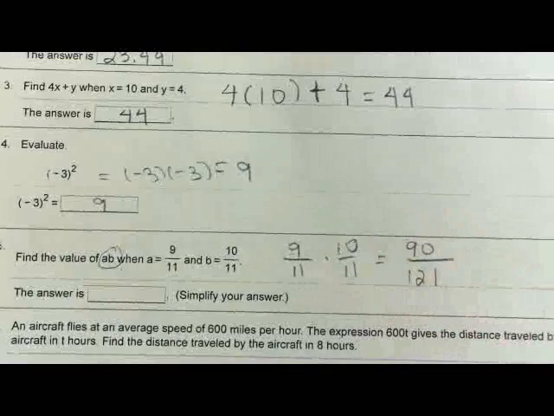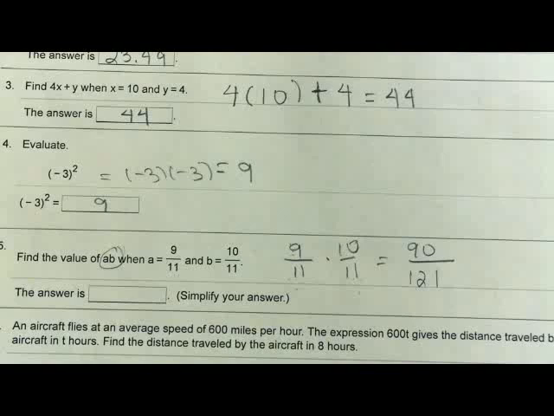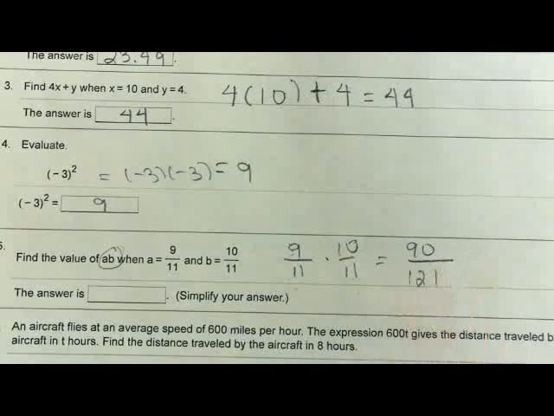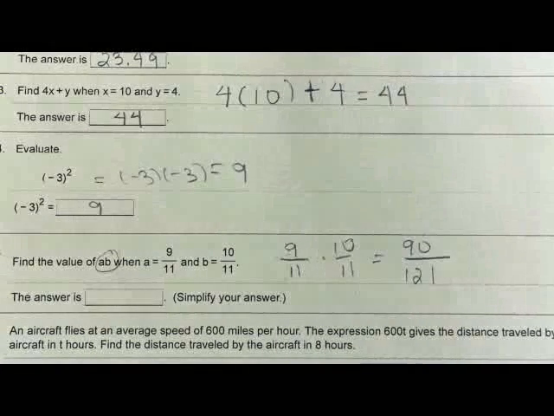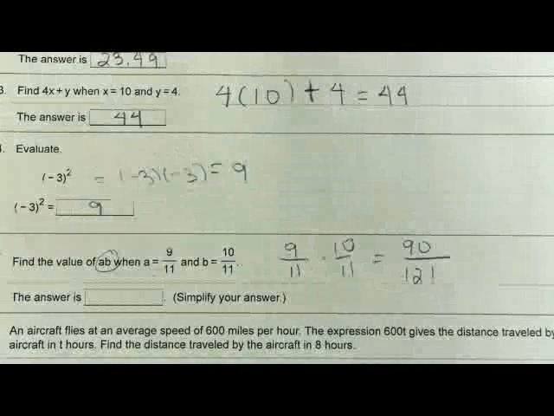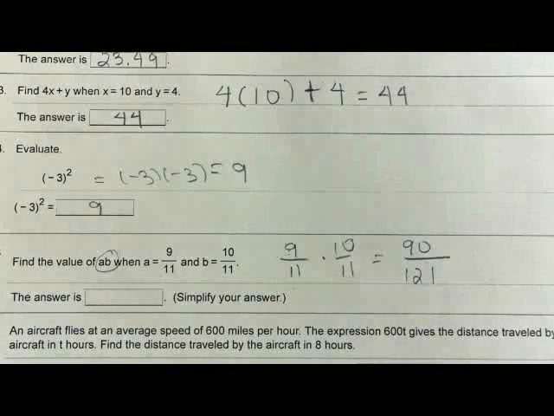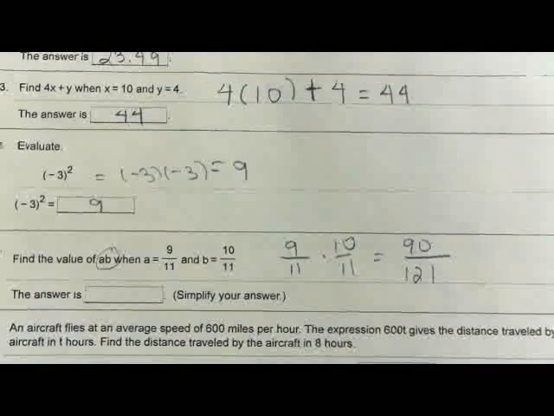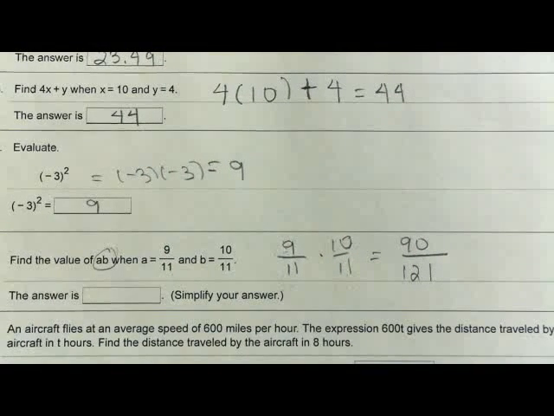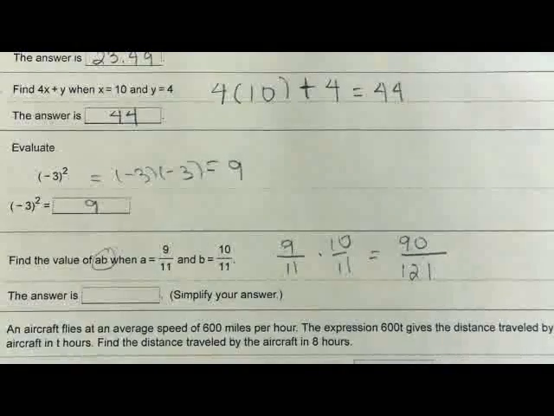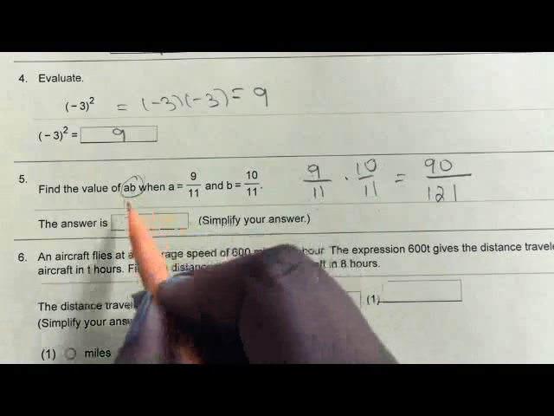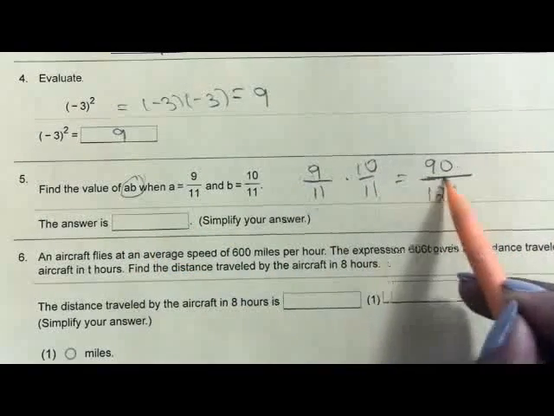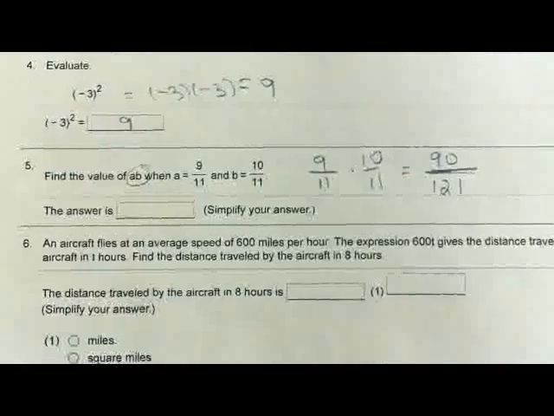Can this reduce any? I don't think it'll reduce any more than that. So it's just 90 over 121. Again, just a review.